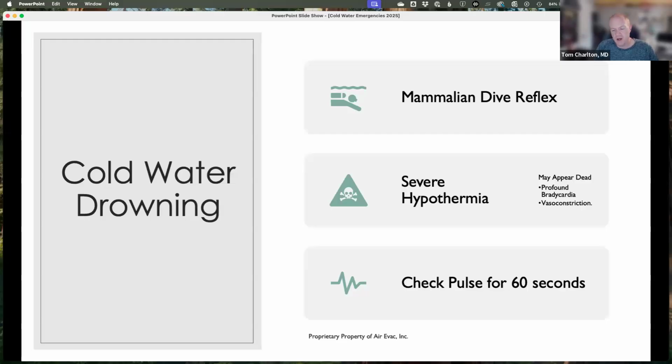We know that the factors that lead to successful resuscitations of these folks is how quickly they become hypothermic and how quickly that metabolism slows down. If this is a very slow process, that means that the tissue is ischemic and not functioning properly for a prolonged period of time.